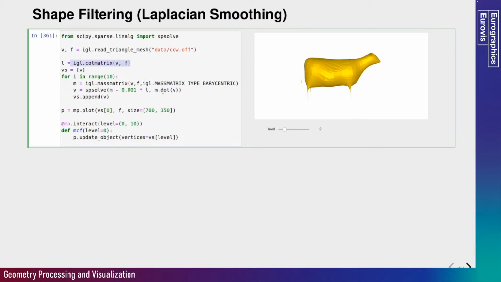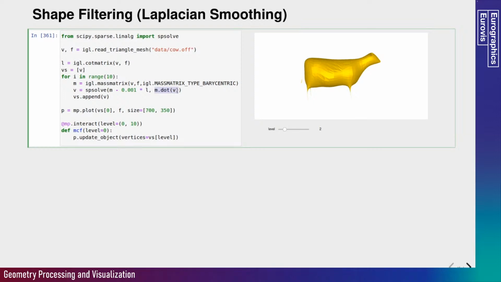So for doing the smoothing, we actually need to solve a sparse linear system, and we do this by calling spsolve, and then on the left hand side of our system we just subtract from a so-called mass matrix a small delta of our Laplacian matrix, and on the right hand side we solve for the mass matrix multiplied with our vertex array.